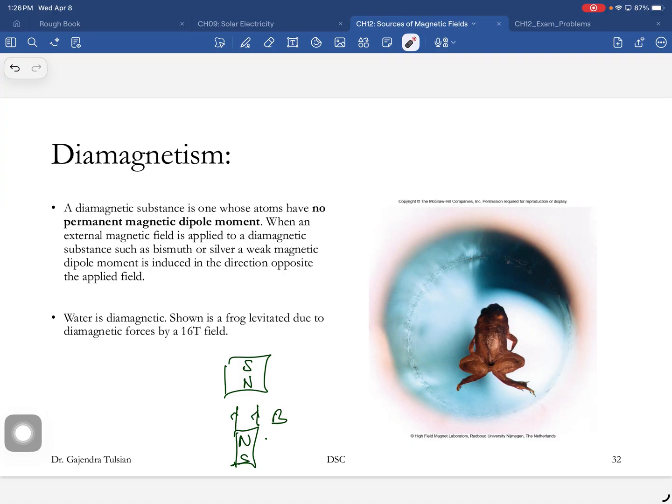In this experiment, since water is diamagnetic, they freeze this frog so it doesn't run away when you do the experiment, and it's levitated in a field of 16 Tesla. So you introduce the 16 Tesla field, and the diamagnetism produces a repulsive force, and this frog has been levitated.